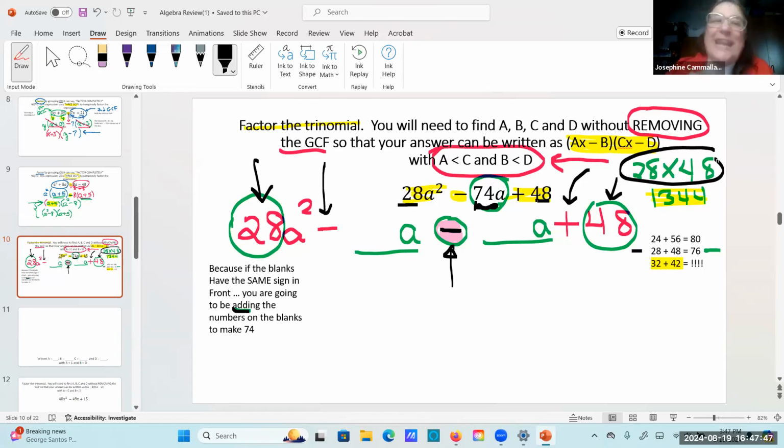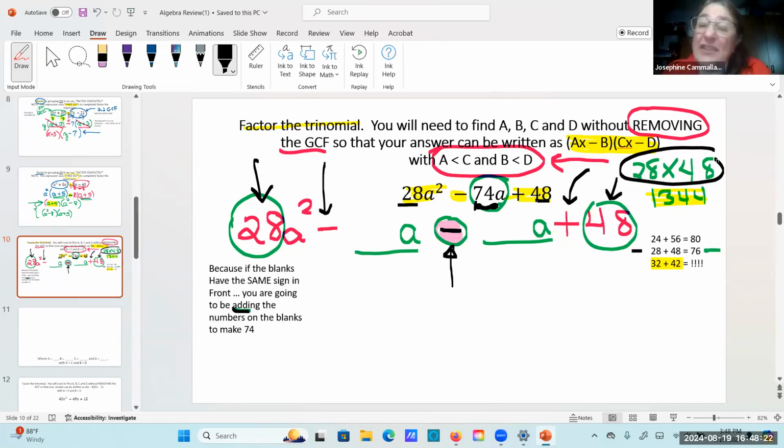Now, notice the number 28. When you think of the factors of 28, it's 4 times 7. What I did was I took that 28 and I went down to the next number in the 4's times tables, which happened to be 24.